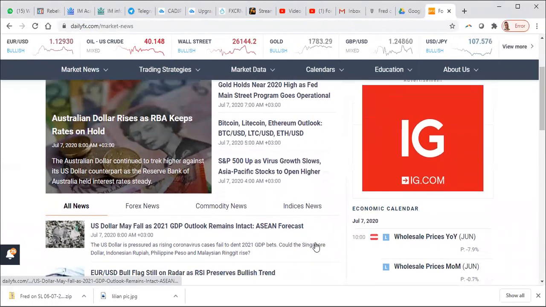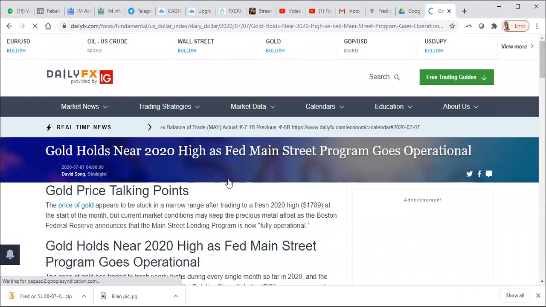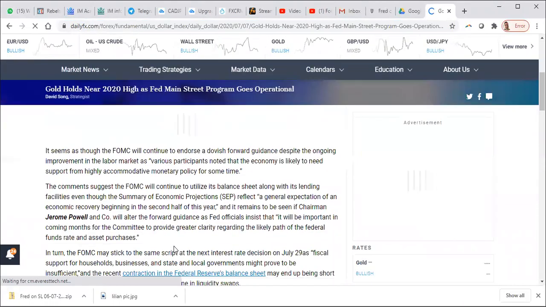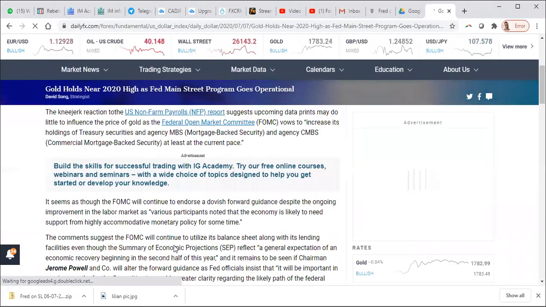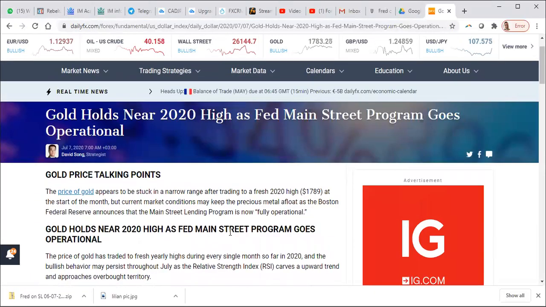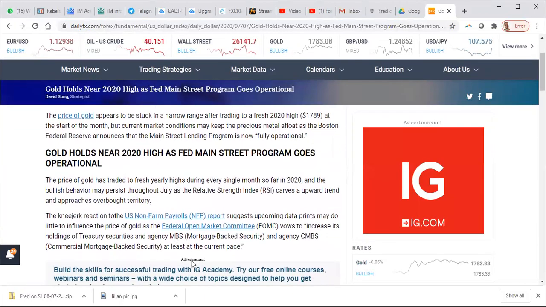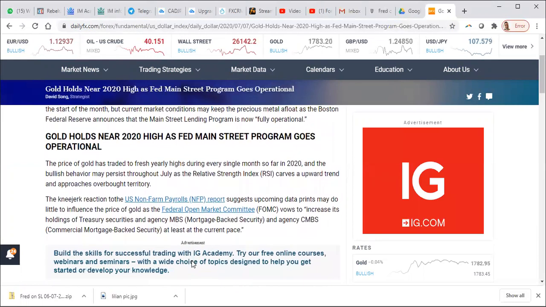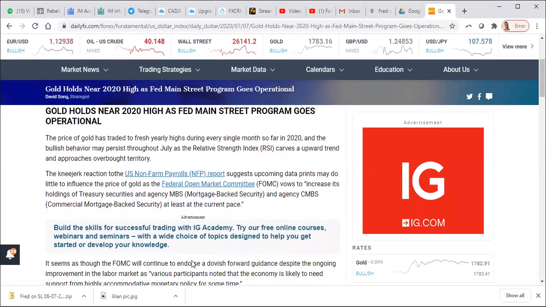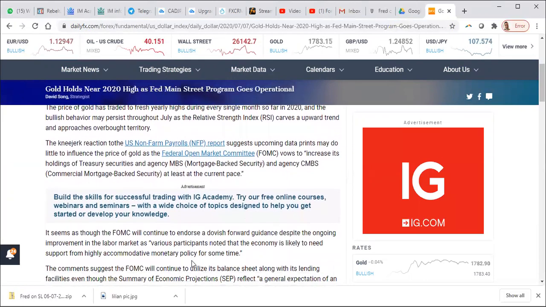Okay. Yeah, gold holds near 2020 high as Fed. Gold is bullish, so whatever happens in the short term, I think the price of gold has traded fresh highs, really the highest during every single month so far in 2020. Yep, so it just looks like it's going to keep going.